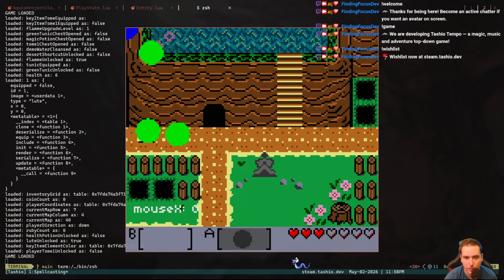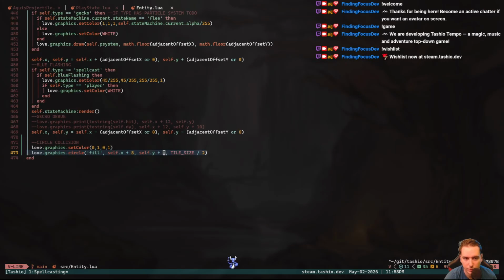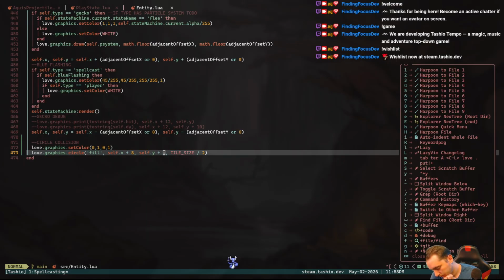There we go. Okay. So now that we've got our gecko circle on our entity here, we can do a thing. We just want to test collision. So the collision check would be right here.